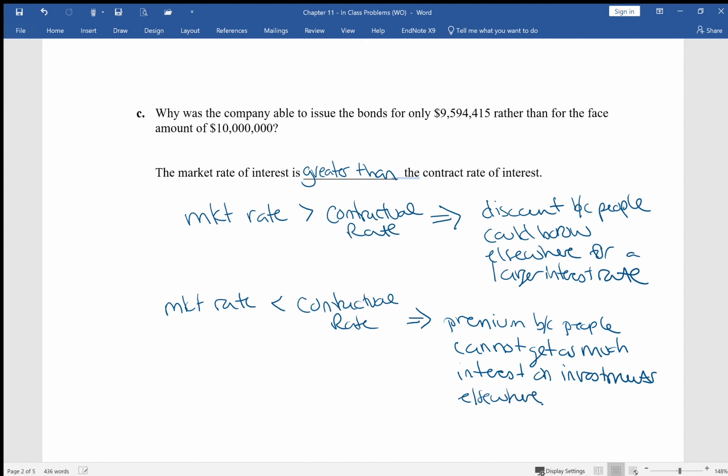So remember, we're issuing the bond payable here. So people are borrowing from us. In order to get them to borrow from us, they're going to want to make the most interest. So if our contractual rate is larger, that means they're going to want to come to us because they can make more money off of us, which is why it's at a premium. And the opposite is true for a discount.